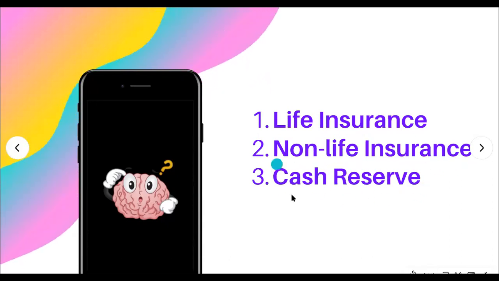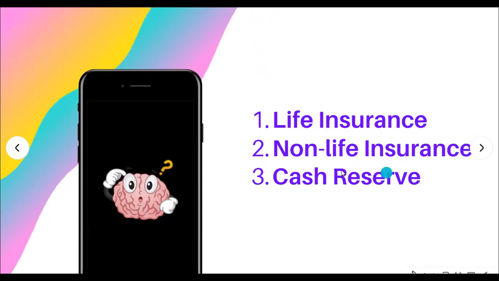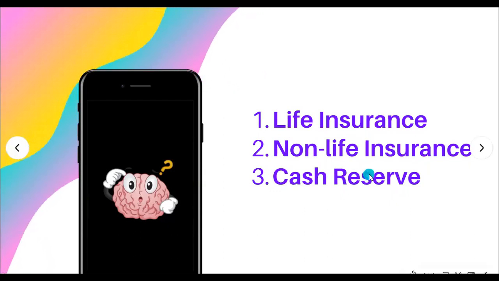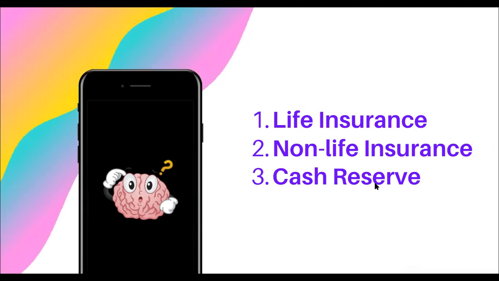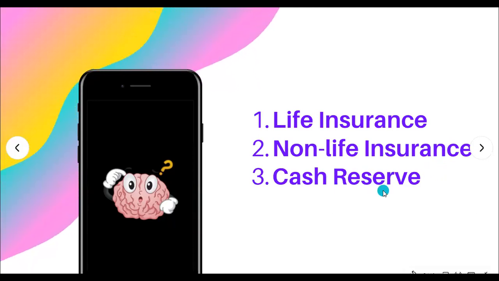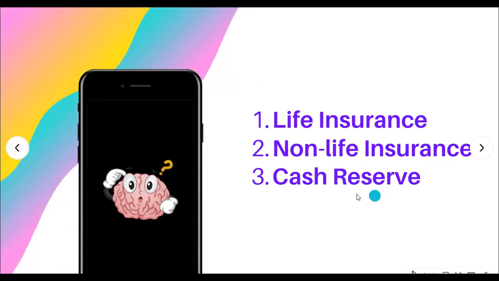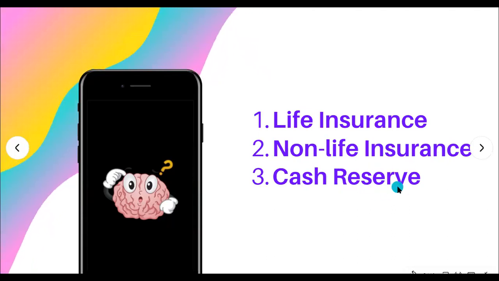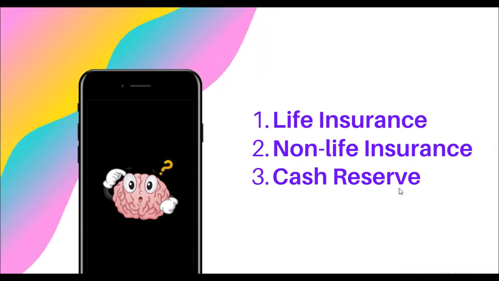Then cash reserves. This is your emergency fund. What if you are suddenly terminated from your job? Can you sustain your needs and your family's needs? If not, don't rush to invest your money; build up your cash reserve or emergency fund first. Typically, the ideal cash reserve is 6 months' worth of your monthly expenses.